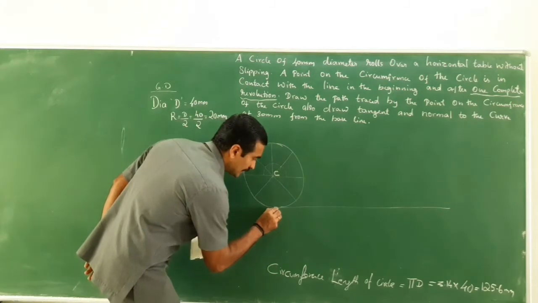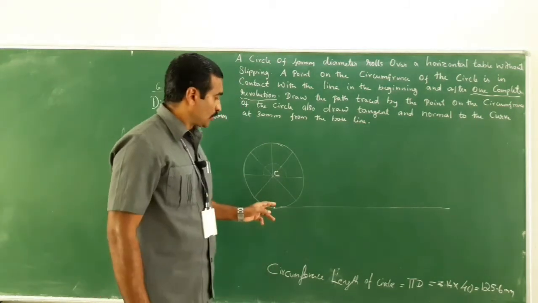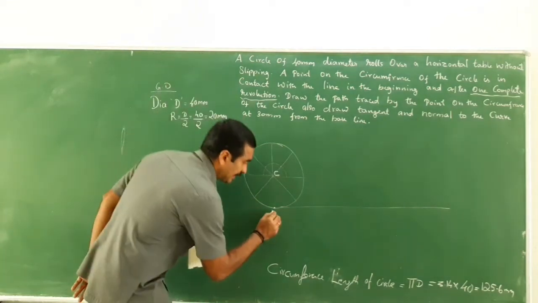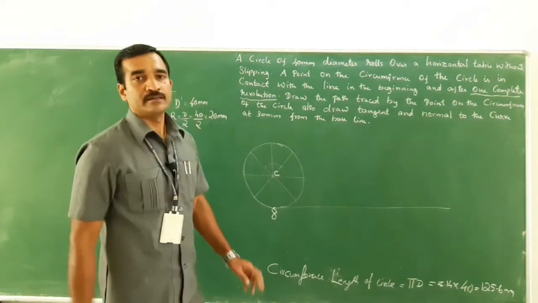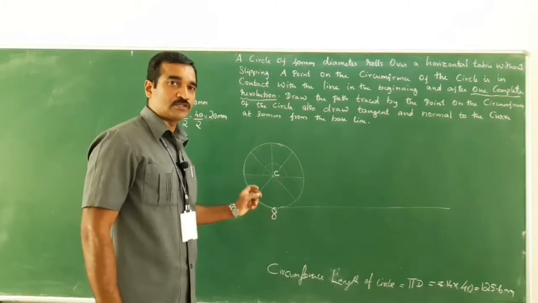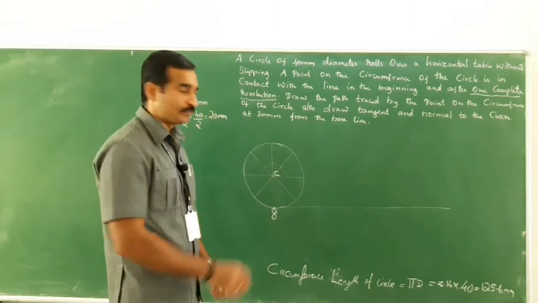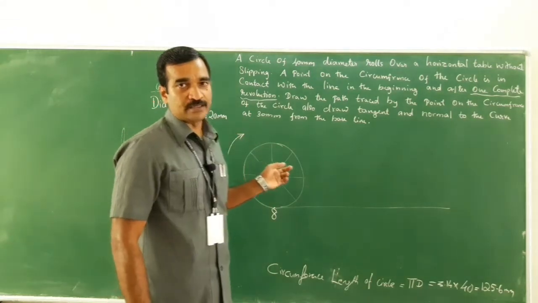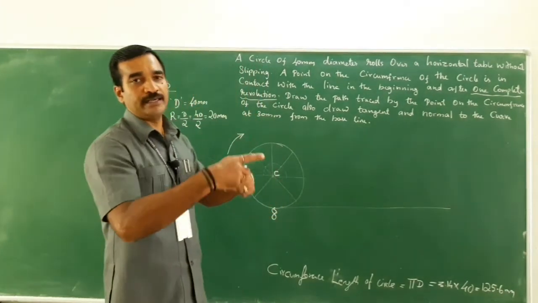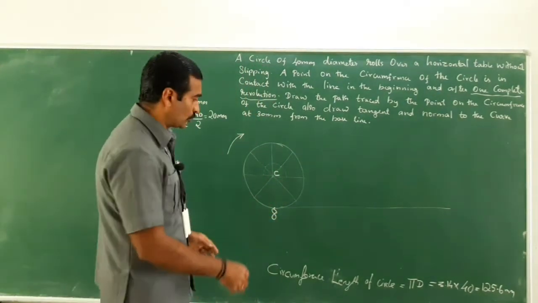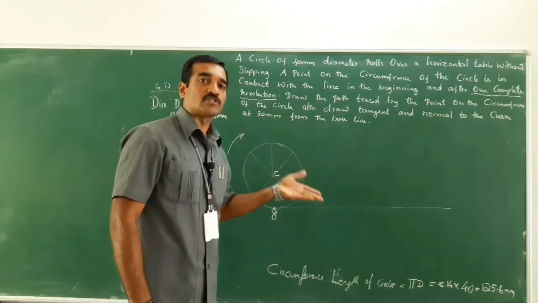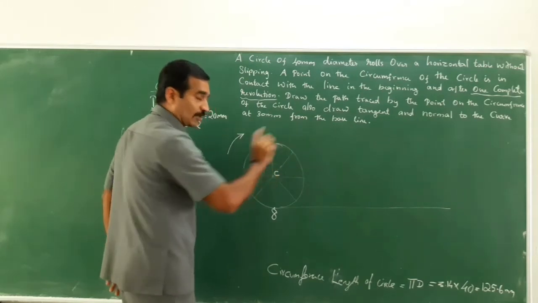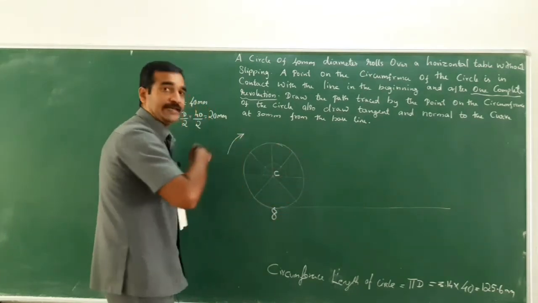Remember, there is a rolling circle and the baseline. This is the contact point, and let me take this as number 8. The contact point should always be considered as 8. As far as cycloid is concerned, the rolling circle or generating circle rolls in the clockwise direction. Therefore, the numbering should be in the anti-clockwise direction.